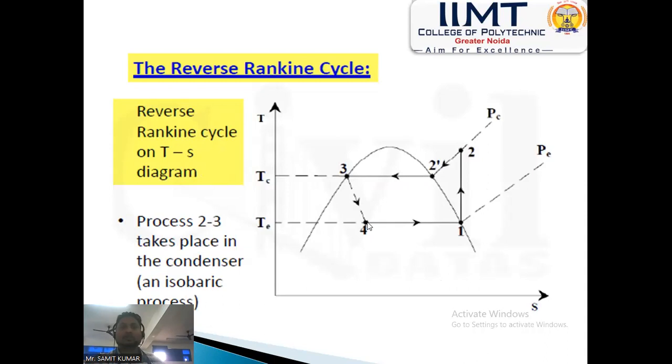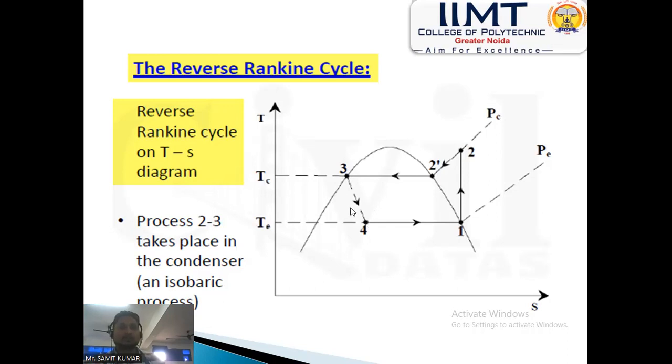In the Carnot cycle, process 3 to 4 is a vertical line where entropy is constant. But in the Rankine cycle, the 3 to 4 process is a constant enthalpy process because of throttling.